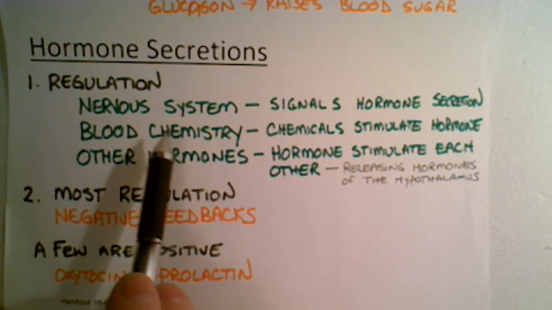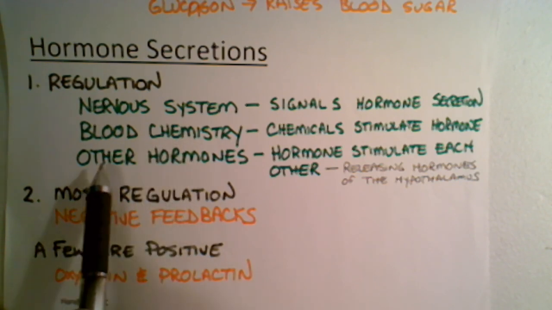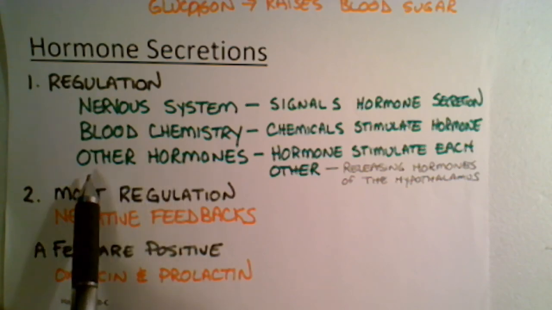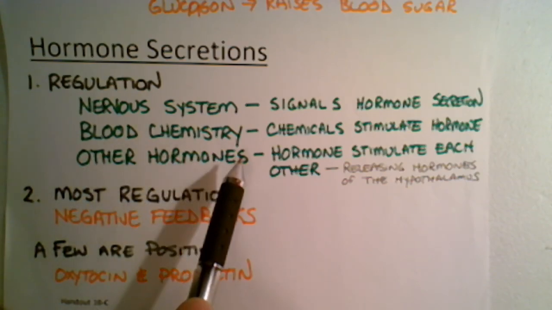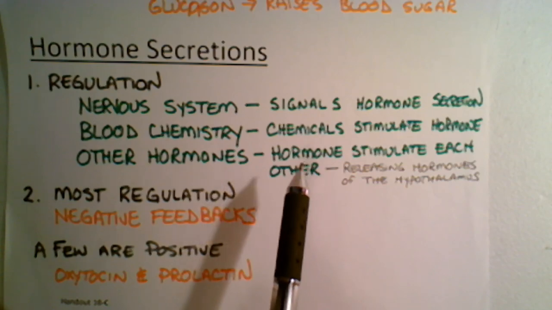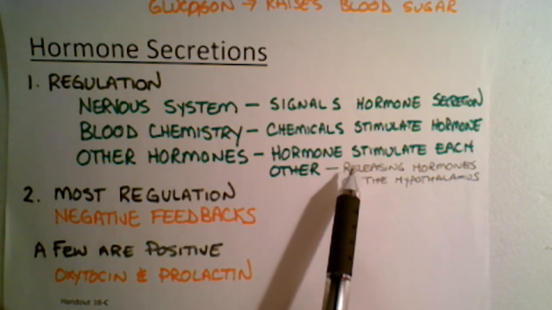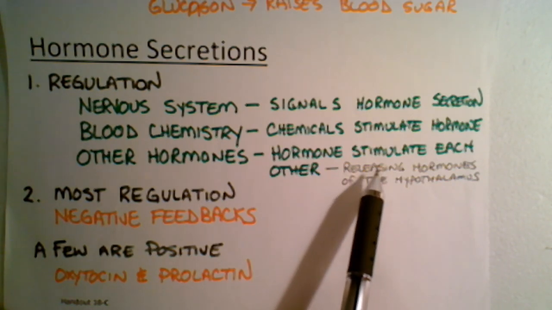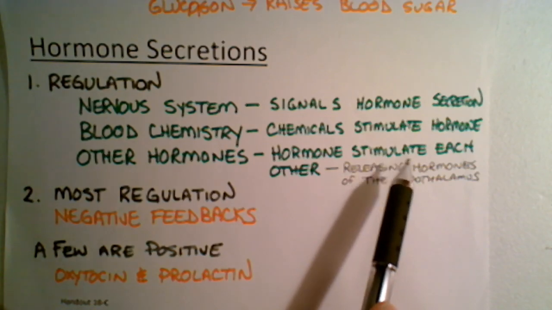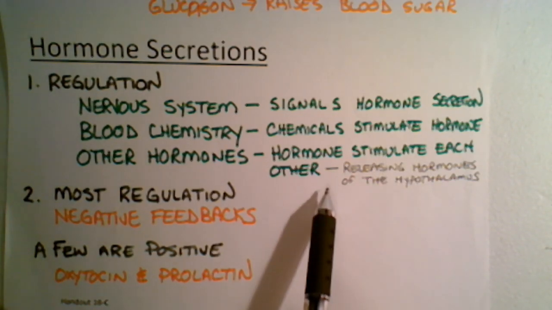So if we have too much of a hormone in the bloodstream, we might shut it off, or if we have too little, we might turn it on. And then we have other hormones, of course. We've talked about this a lot, where we have one hormone activating another hormone, activating another hormone. So it's just that these hormones are stimulating each other. So remember, the hypothalamus makes these releasing hormones, and these releasing hormones tell the pituitary to produce a hormone that goes and does something.